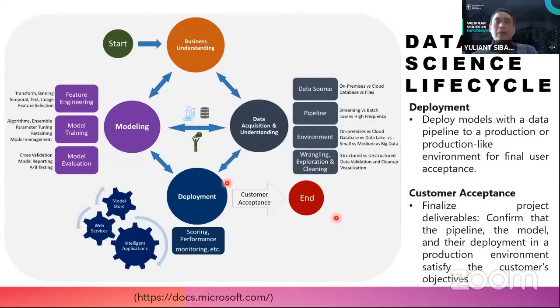In customer acceptance, we finalize the project deliverable and confirm that the pipeline, the model, and their deployment in the production environment satisfy the customer objective. Maybe this step cannot be achieved in one go. Maybe the process is returned to a previous process.